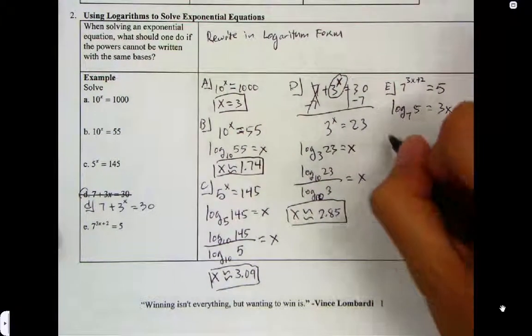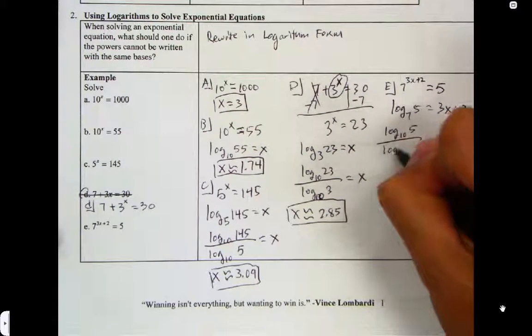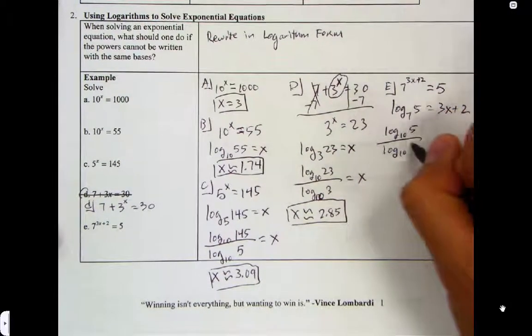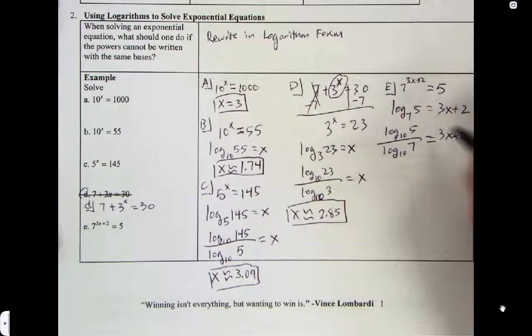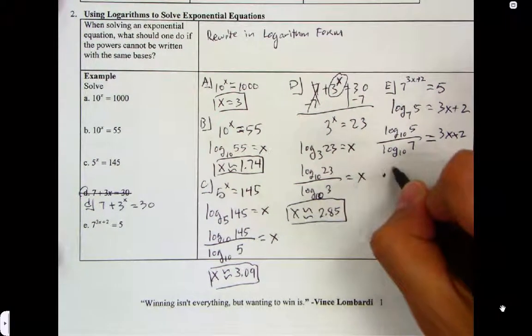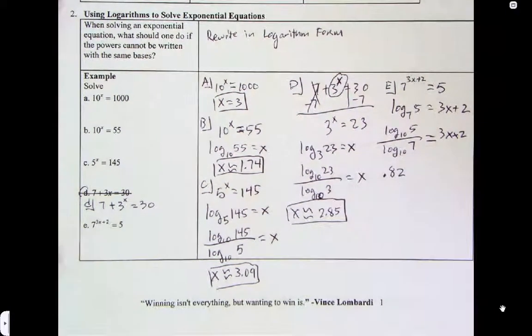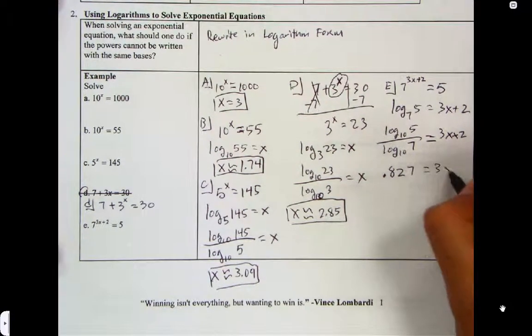I'm going to put this in our calculator, so I'm going to change it to a base of 10. And the base is the 7, which always goes on bottom. I put that in my calculator, I get approximately 0.827 equals 3x plus 2.